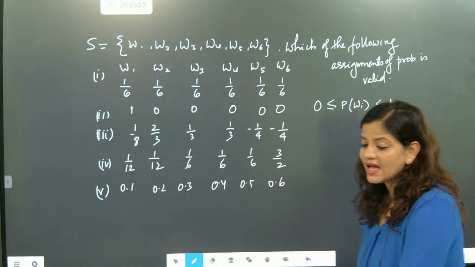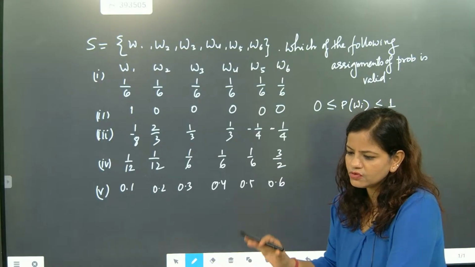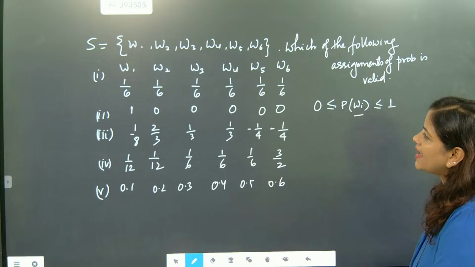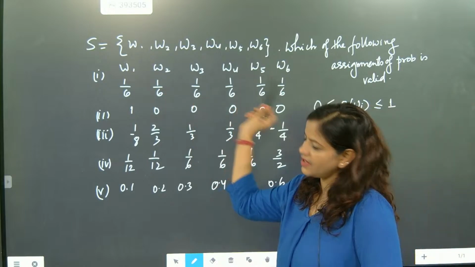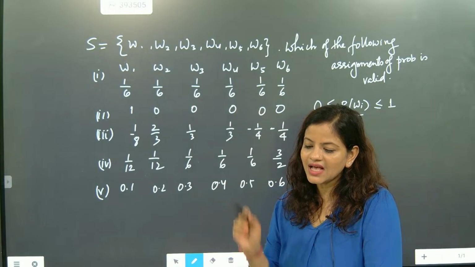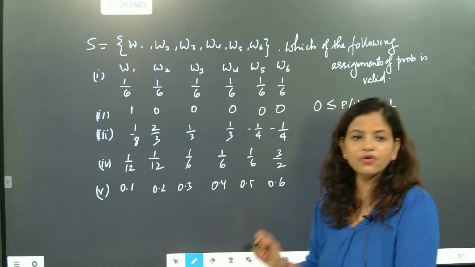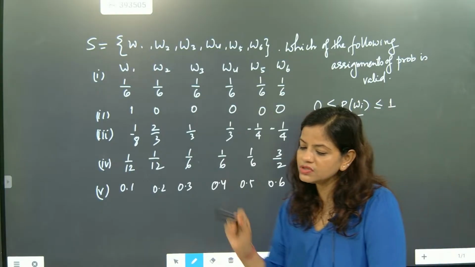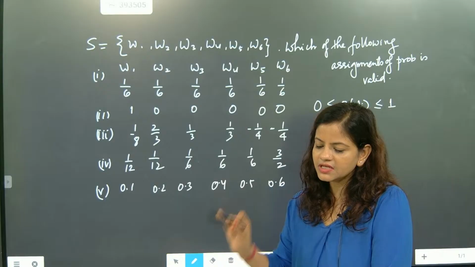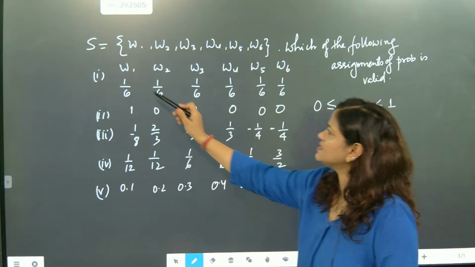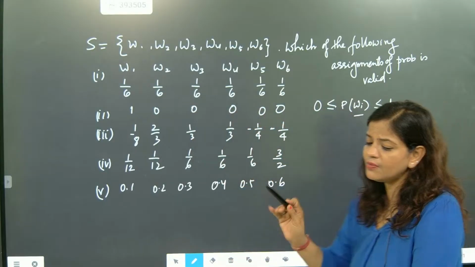Don't get confused by Wi. Wi is any one of them, I can be starting from 1 and going to 6. So that means it is events. Every single one is representing a probability.